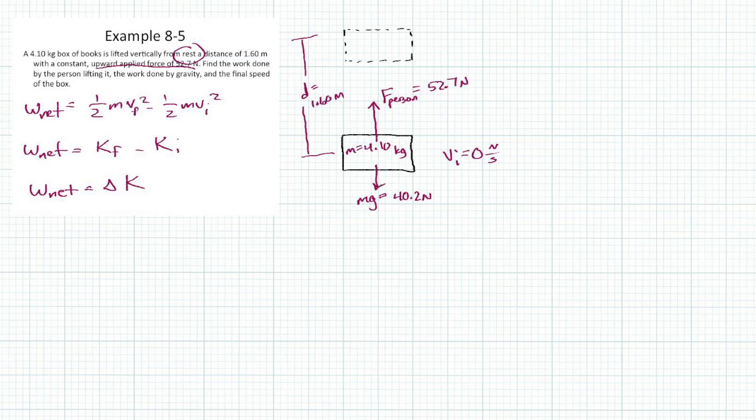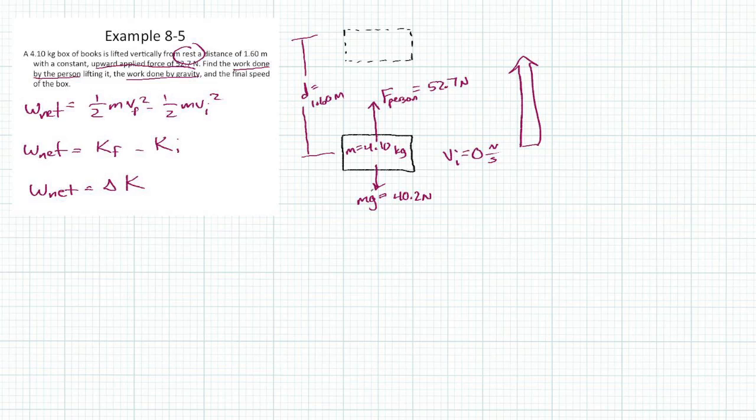So what are we trying to find here? We want to find the work done by the person. Okay, the work done by gravity. How much work is done by gravity? And by the way, if this object is going up and gravity is acting downwards, what kind of work can we say gravity is creating?